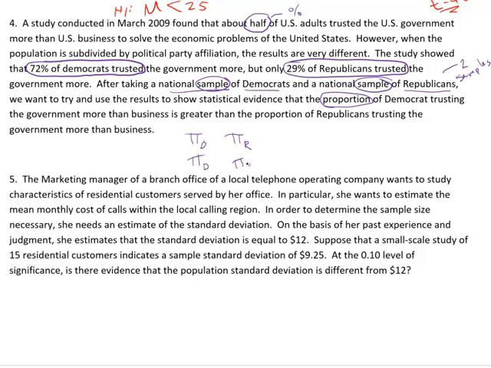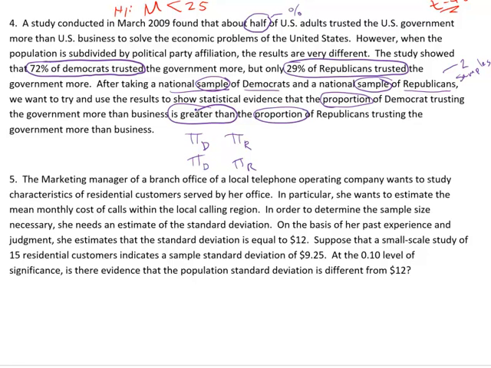Here's our hypotheses right here. So I know that I'm comparing these values. See if I can make that look a little cleaner. Proportion, and also there's a keyword here. More than business, that's not the keyword. The keyword here, Democrats trusting government more than business is greater than, there's the keyword, than the proportion of Republicans trusting the government.